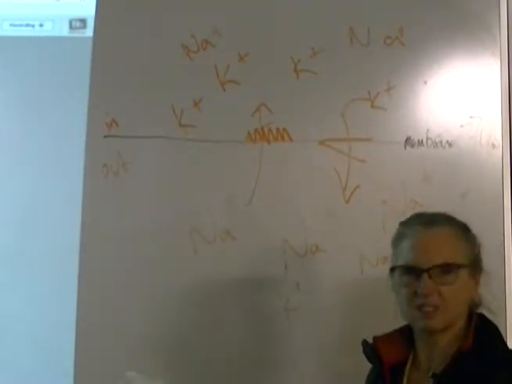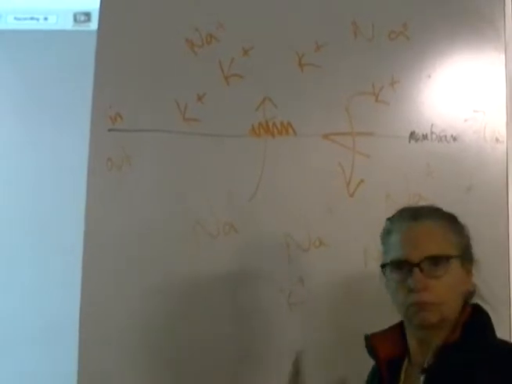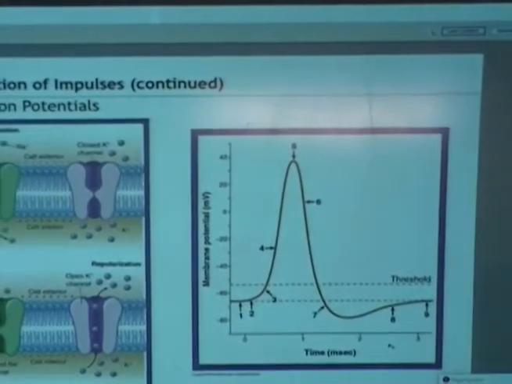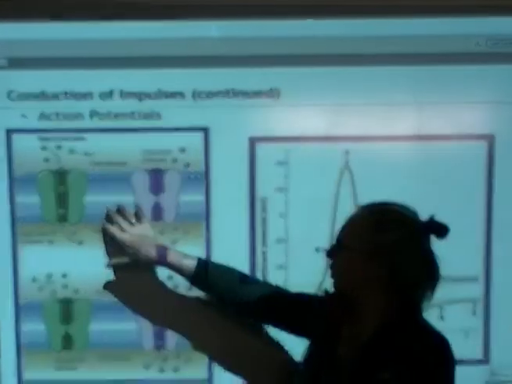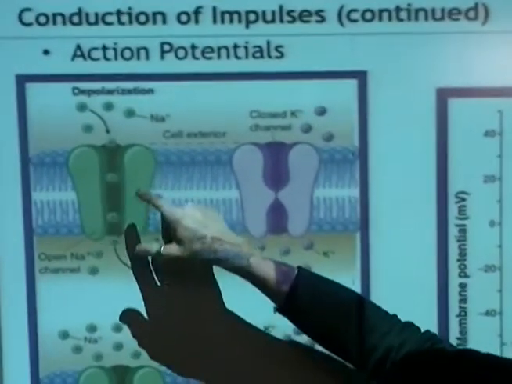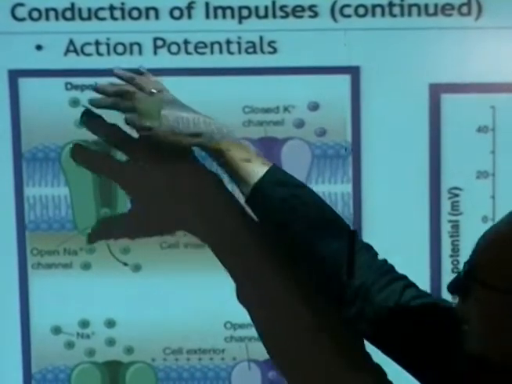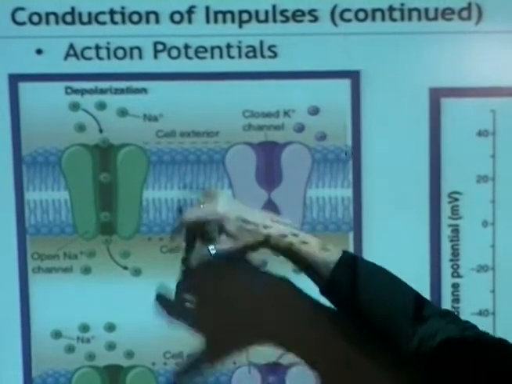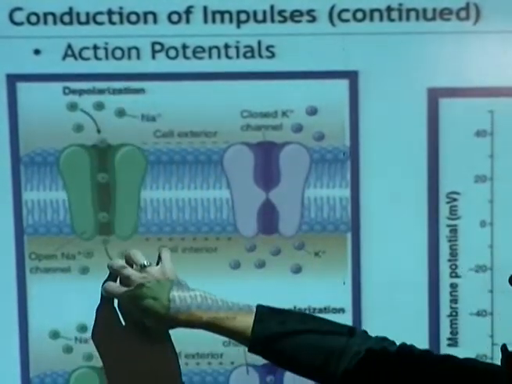So this is a much better drawing of the sodium and potassium gates, channels, gates, whatever picture helps you the most. So here is depolarization. So the sodium channel has opened up, and sodium, they've drawn it the other way around to me. This is the outside and this is the inside.